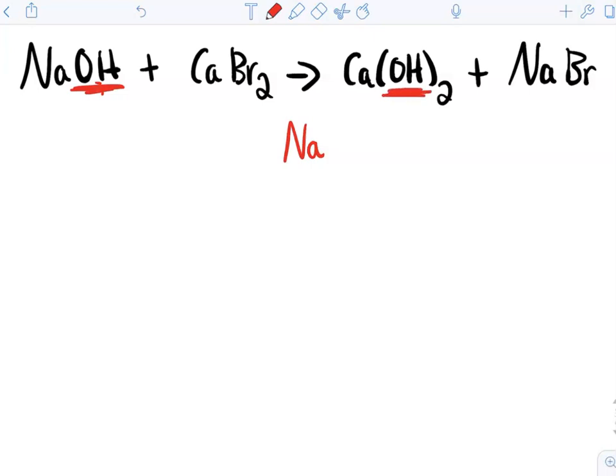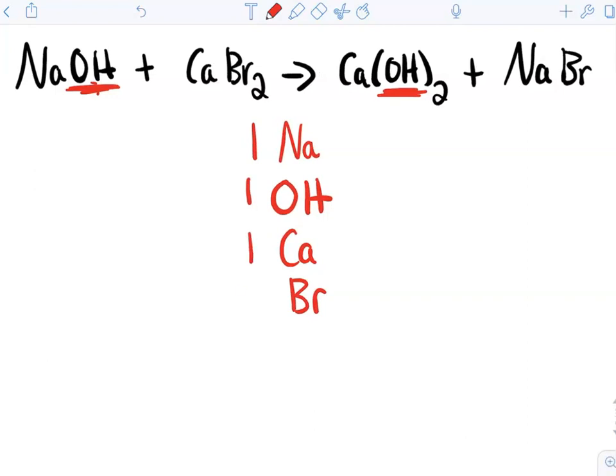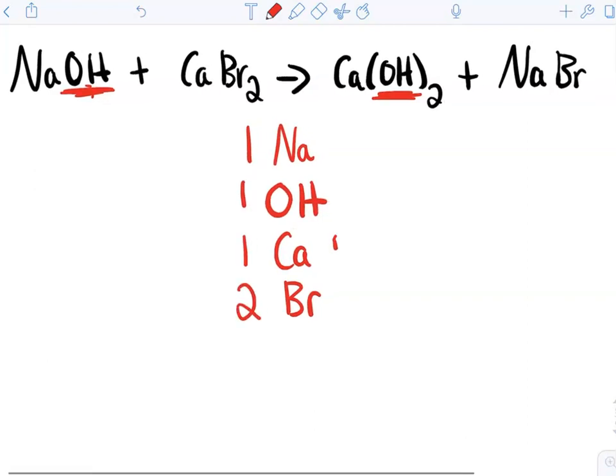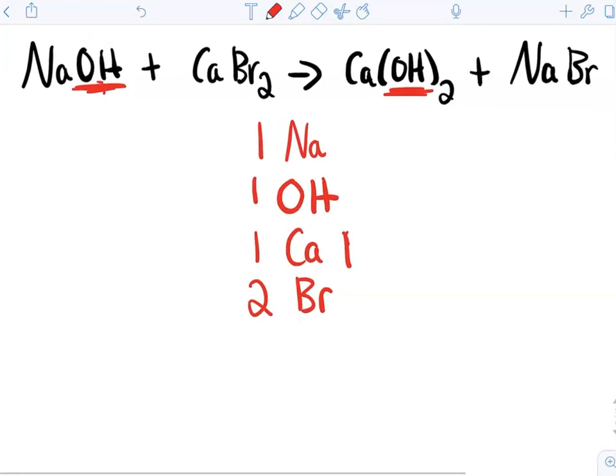Since they are a polyatomic ion, meaning they are on our PT of ions, and they are on both sides, we can group this together. Then our Ca and then our Br. So we have one Na, one total OH, one Ca, two Br. Remember, this coefficient right here tells us that there are two OHs. Then we have 1 Na, 1 Br.